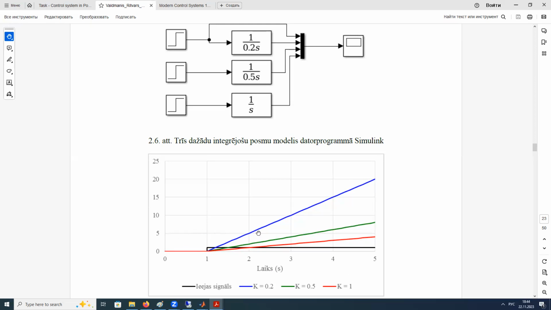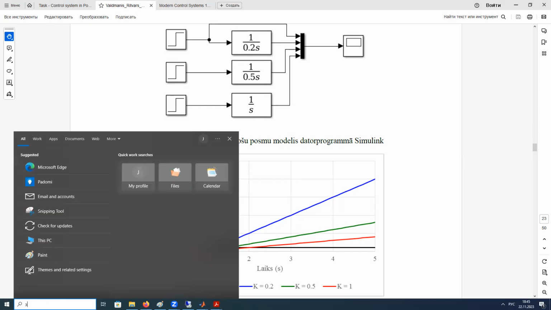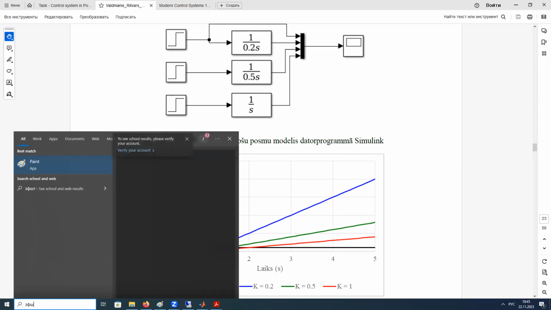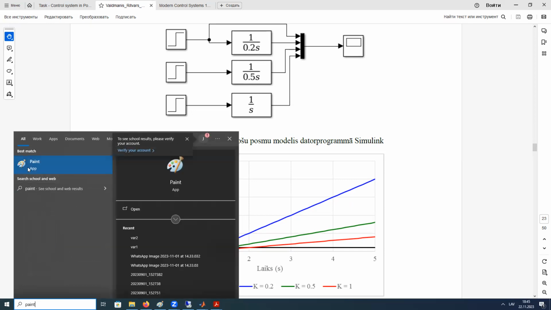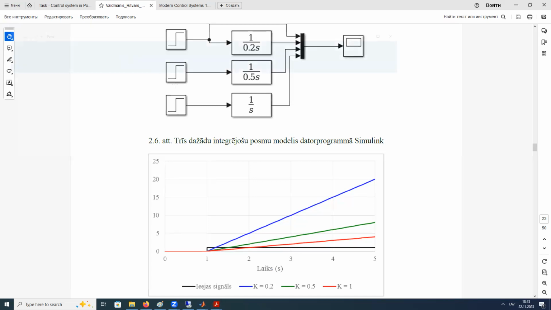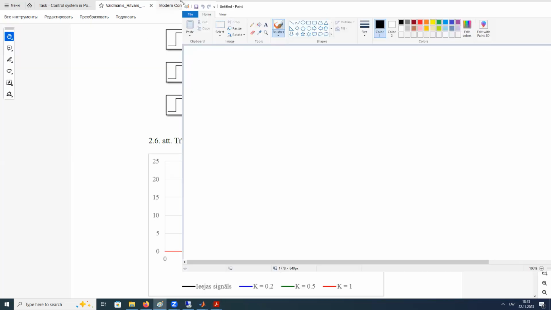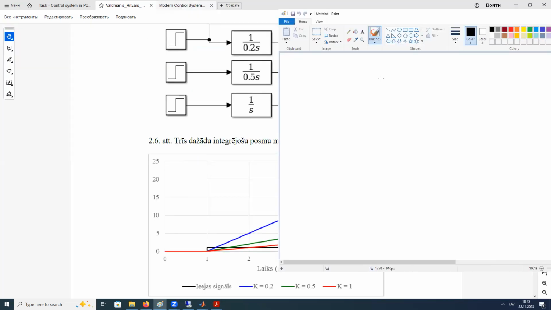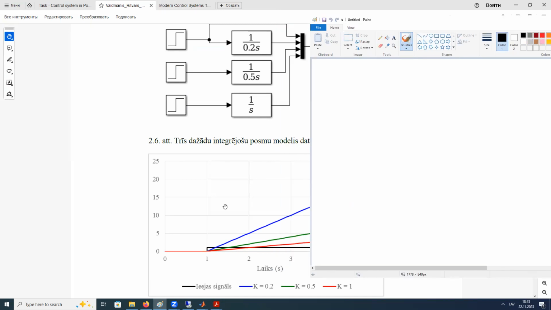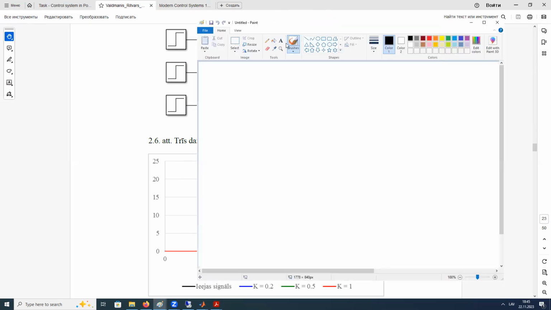So, as we understand, this integrator increases its value based on a k coefficient value, if we got an input signal.